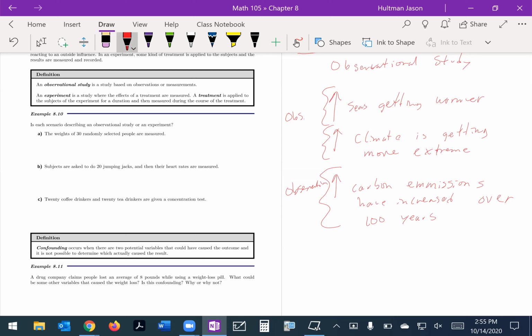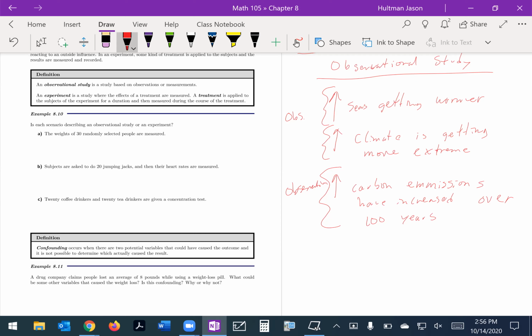Now, why is this an observational study? Well, it's an observational study because you can't really repeat this experiment in a laboratory. You can't say, we have the world climate and the world oceans and carbon emissions, and we can repeat this experimentally.